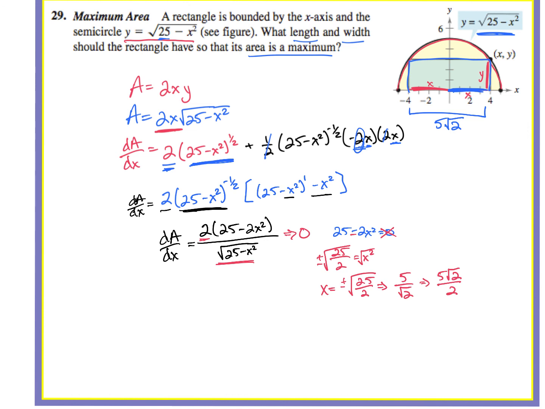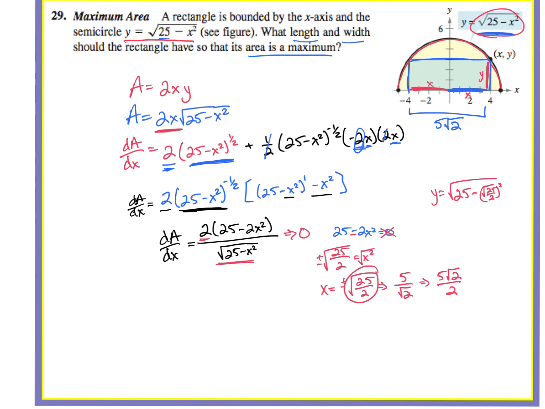Well, I need to solve for y. So remember, y is this square root of 25 minus x squared part. So let's go ahead and substitute that in. Then we end up getting y equals the square root of 25 minus the square of the square root of 25 over 2.